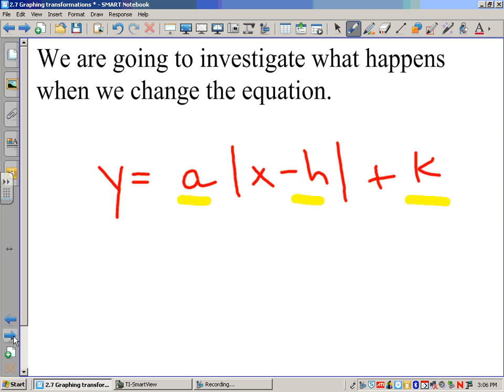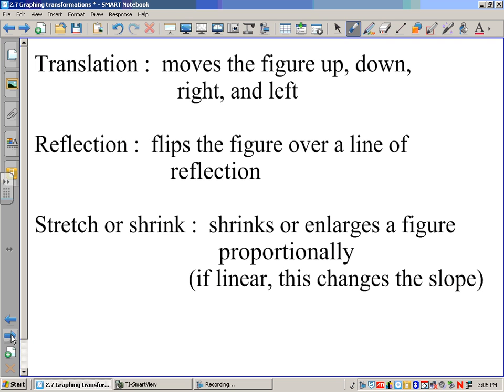What we're going to see is that we can put a number in front, we can put a number inside, or we can put a number at the end of that equation, and they're going to move that V. So how are they going to move it? A translation will move your figure up, down, right, or left.